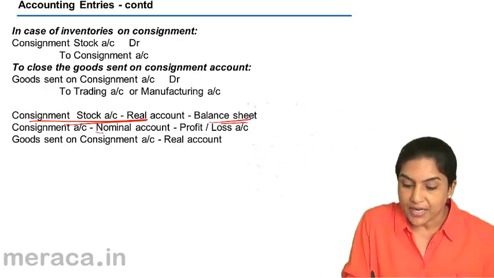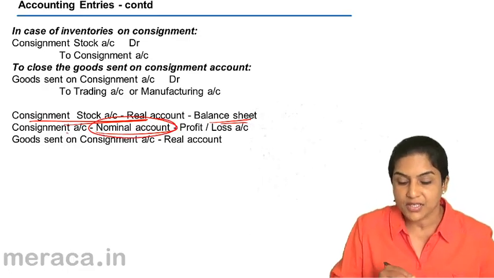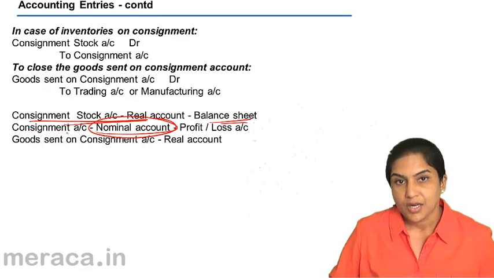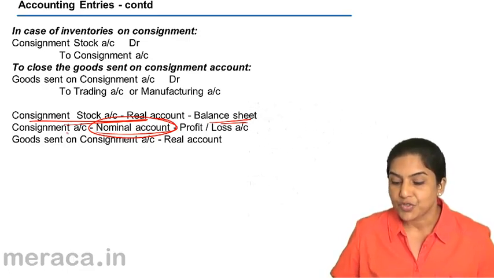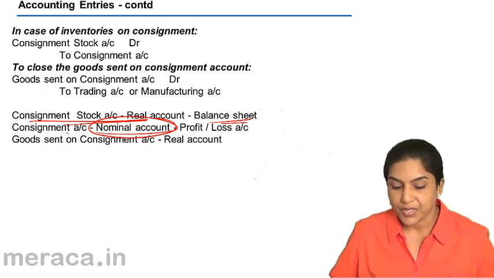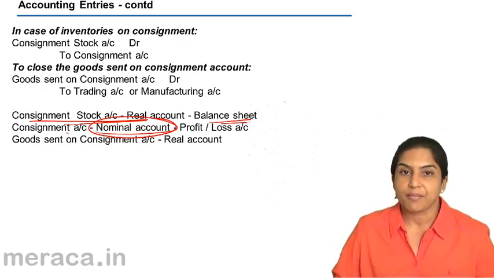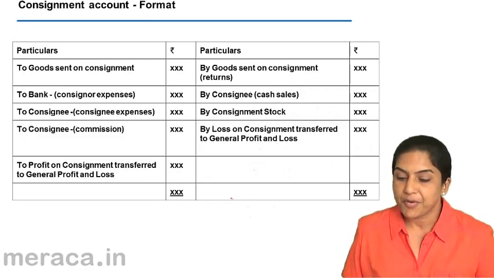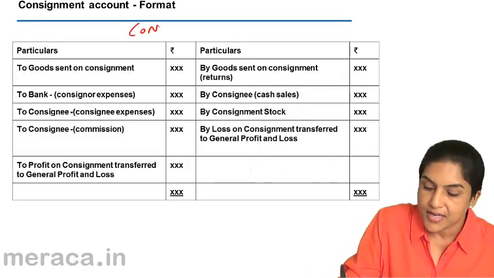The consignment account is a nominal account. The profit or loss is transferred to profit and loss account. The goods sent on consignment account is a real account. This is the format of a consignment account.